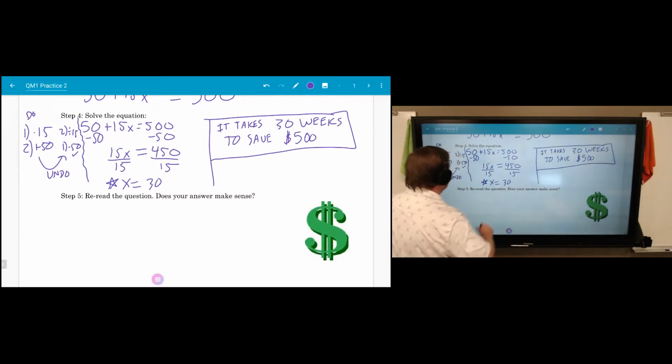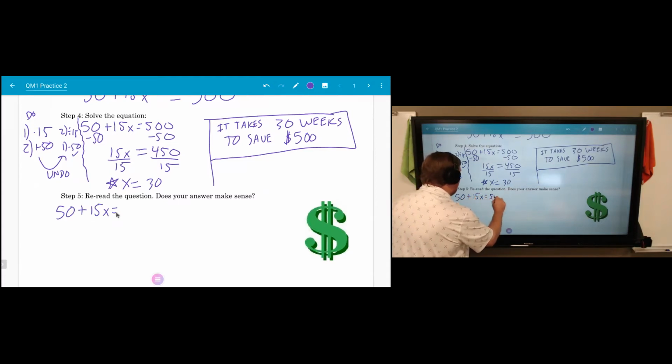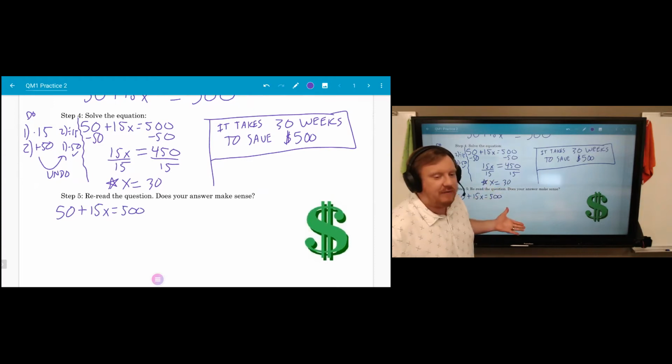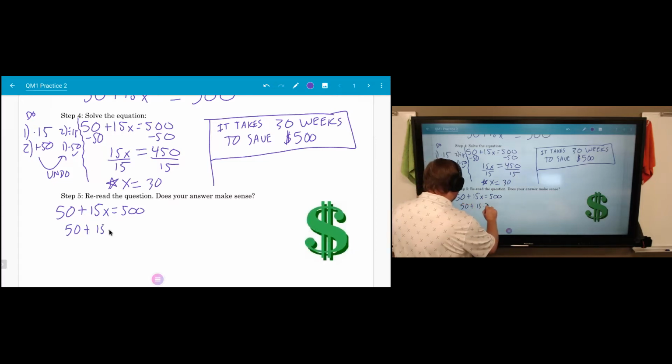Well, we said x was 30. Let's plug it back in. The original equation was 50 plus 15x equals 500. So if I plug in this 30 for x, the left side should be 500. They should be equal. So does this work? 50 plus 15 times 30.